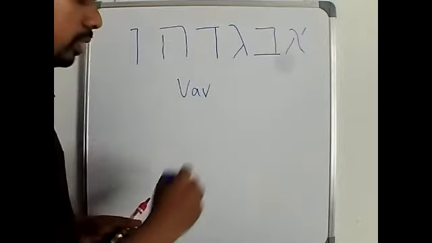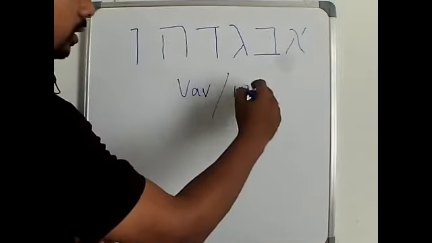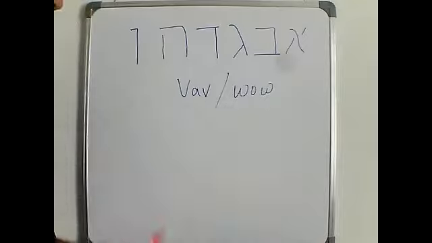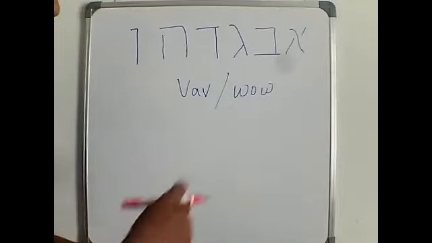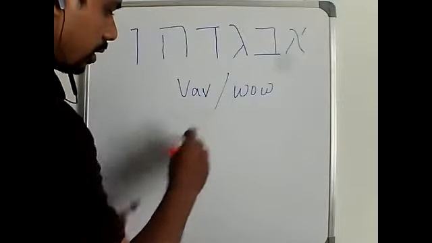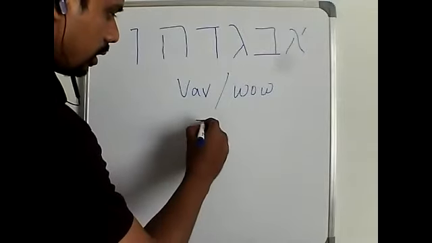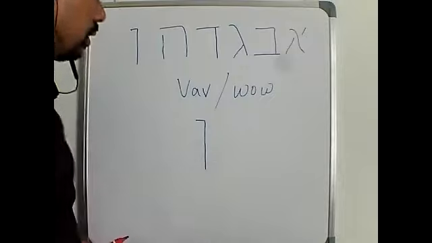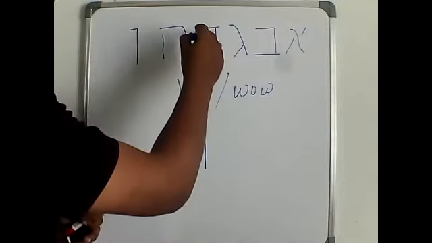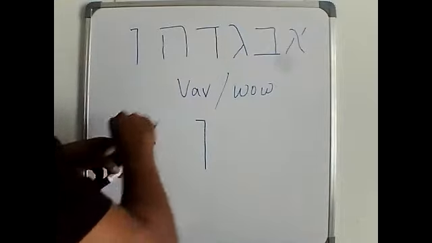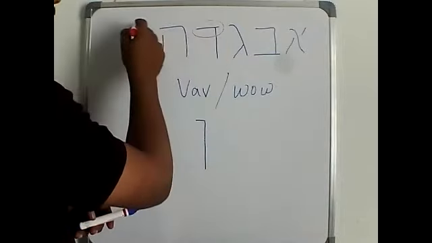Sometimes it is pronounced as Vav, or sometimes as Wow. Vav, it is an expression. And the Vav, you have to write it in this way. Start a little bit small. See, this is very similar to Dalet also, but the main difference is this stoppage.